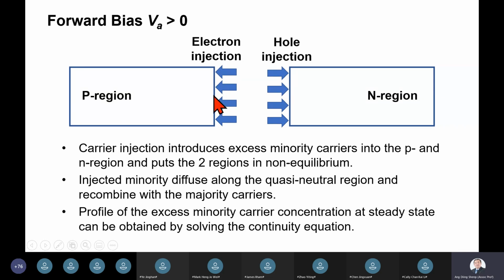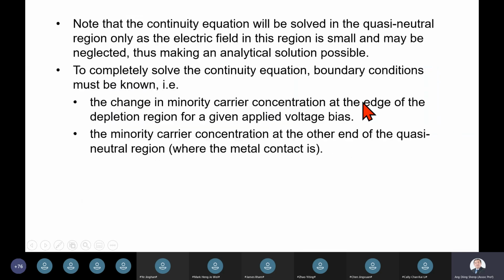This is one boundary of the P region. We must know the electron concentration here, and we must also know the electron concentration at the other side of the P region, which is here. Similarly for the hole concentration, we must know the value here and here. So this is what I'm going to discuss next.